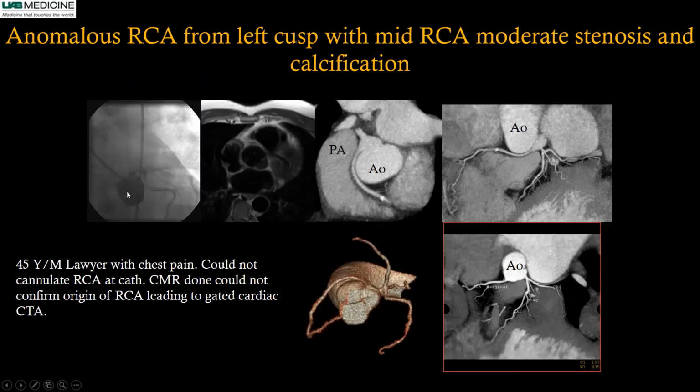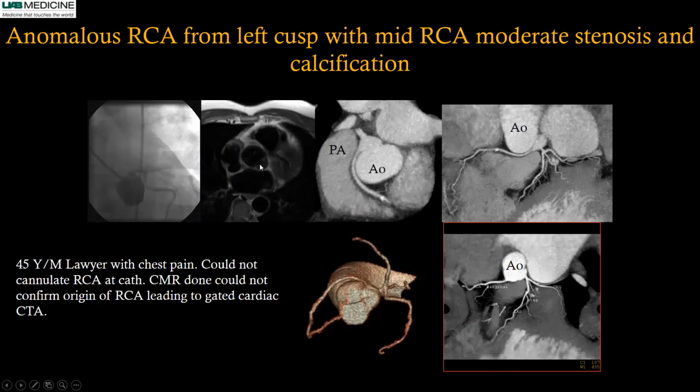He's young, so rather than doing CT for radiation, they said let's do MR. This is a corresponding image where you can see the left coronary artery nicely and part of the right coronary artery, but we do not see the origin of the right coronary artery.